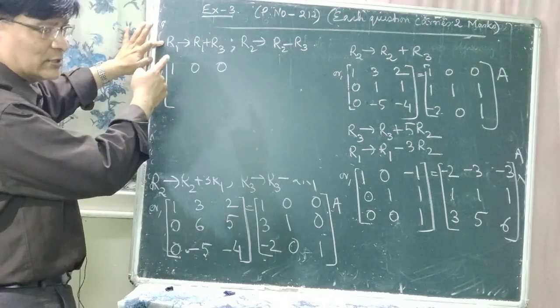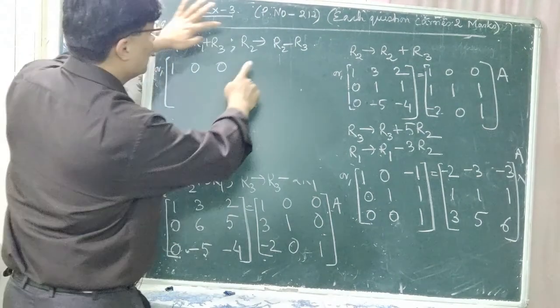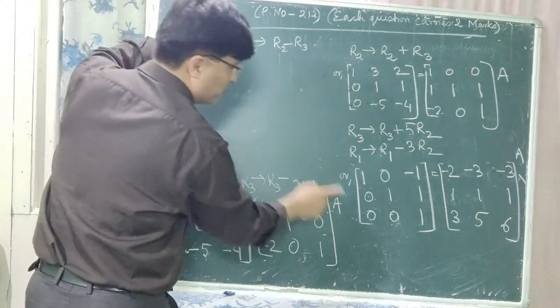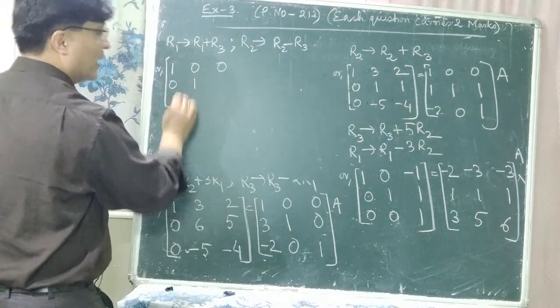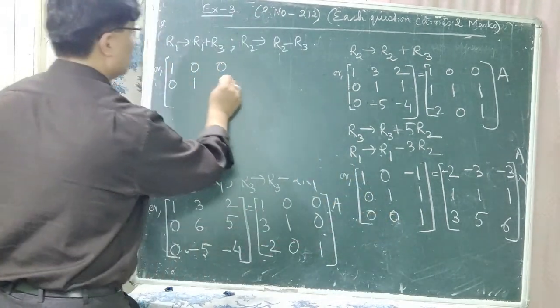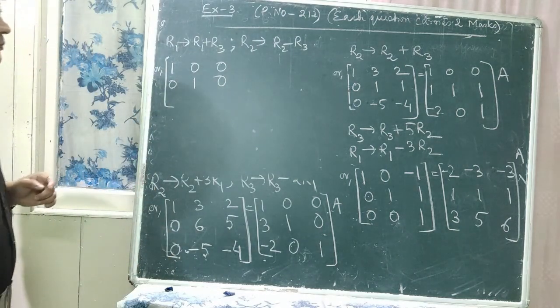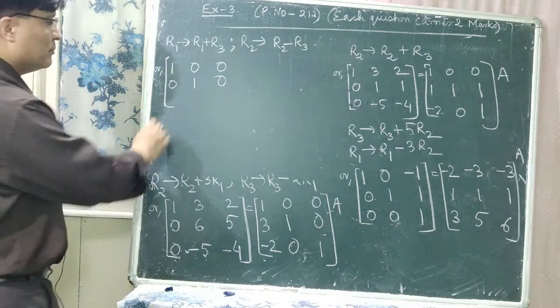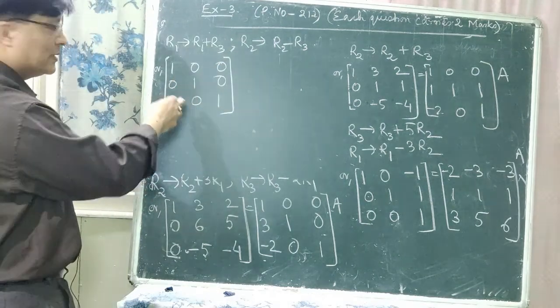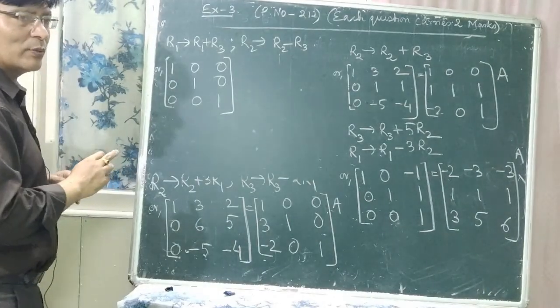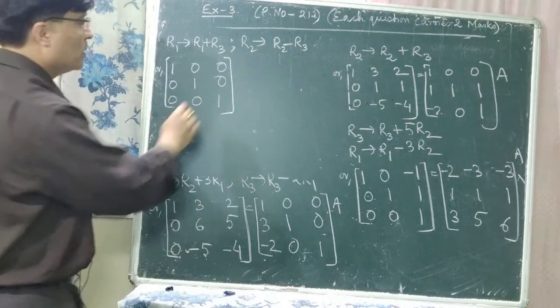How does it change? R2 minus R3. 0 minus 0, 0. 1 minus 0, 1. This 1 minus 1 is also 0. Is that clear? Now row 3 remains same. That is 0, 0, 1. So we have changed it into I. So leading diagonal 1, 1, 1, and all the other elements are 0.